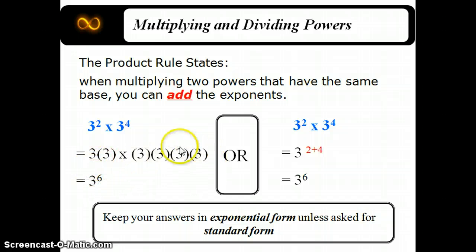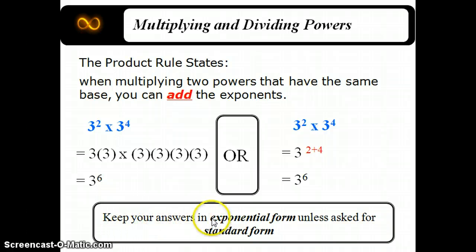So we could write it out this way, or we could realize we just added the exponents. Because the bases are the same, and that's key, these bases must be the same. If these bases are not the same, this rule does not apply. We can add the exponents together to get 3 to the power of 6.